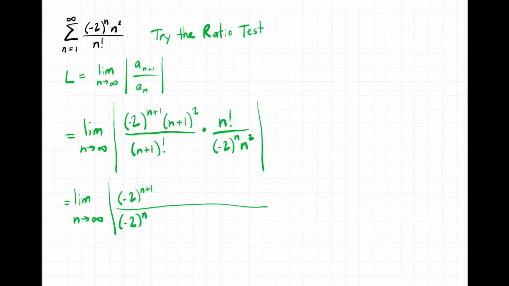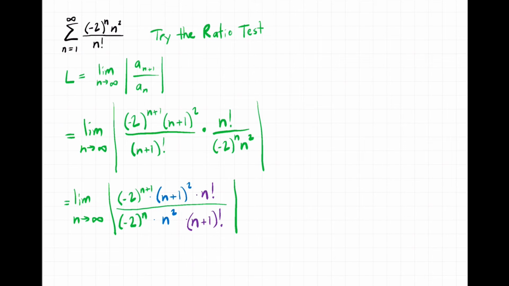Then we also have the polynomial part, the n plus 1 squared over n squared. So we have n plus 1 squared on the top, and we also have n squared on the bottom. These are all being multiplied. And then we have the factorial parts here. So that's times n factorial on the top, and n plus 1 factorial on the bottom. And then we have the absolute value sign there.